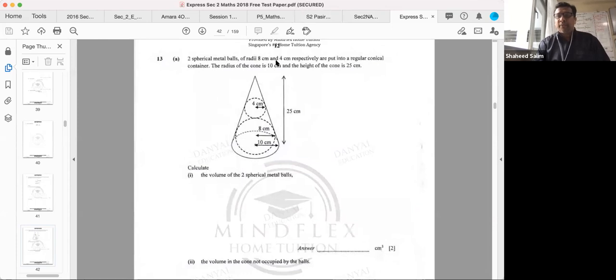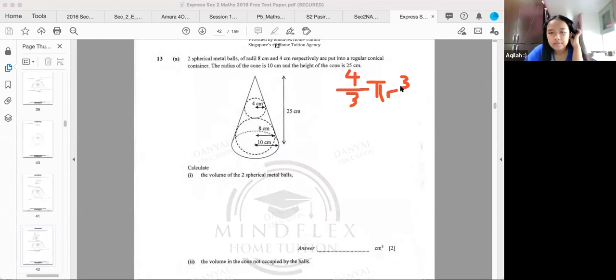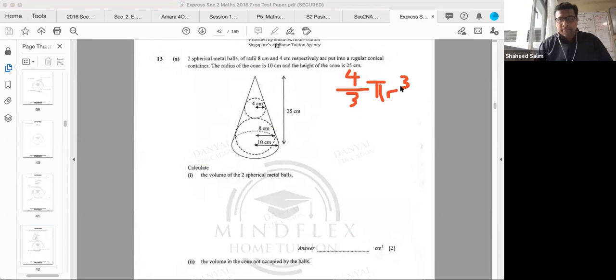The volume of the sphere is 4/3 pi r cubed. Is pi 22/7 or just pi in the calculator? Up to you, no problem. I think your school is also quite open.